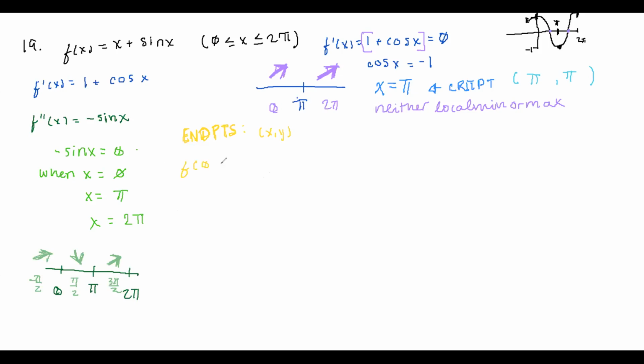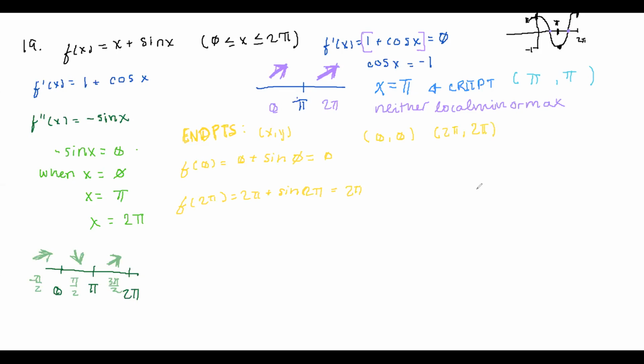So I'm going to take f of 0, which is equal to 0 plus sine 0, and f of 2 pi, which is equal to 2 pi plus sine of 2 pi. This is equal to 0, so that is 2 pi plus 0, or 2 pi. So I'm going to end up with these 2 points, (0, 0) and (2 pi, 2 pi).